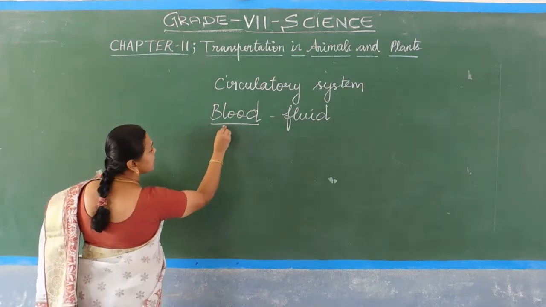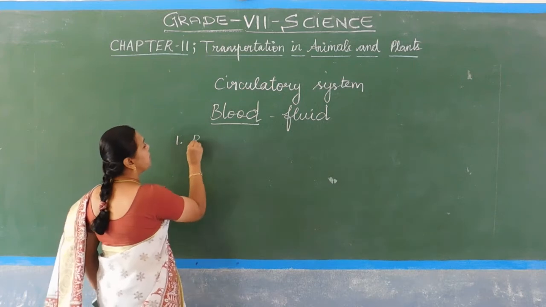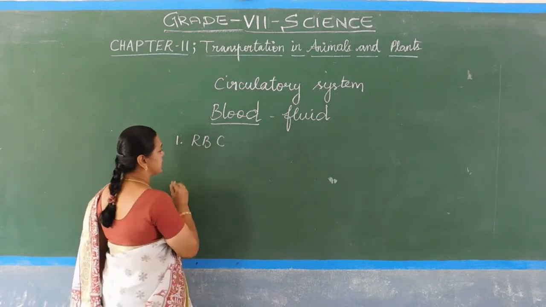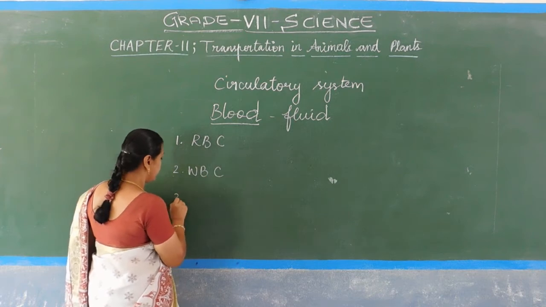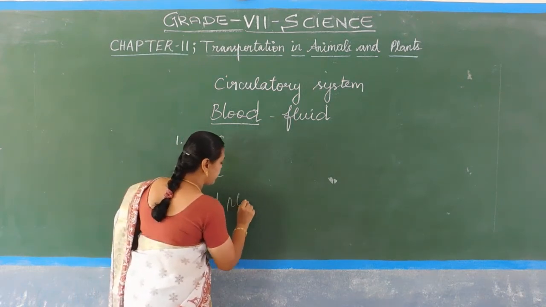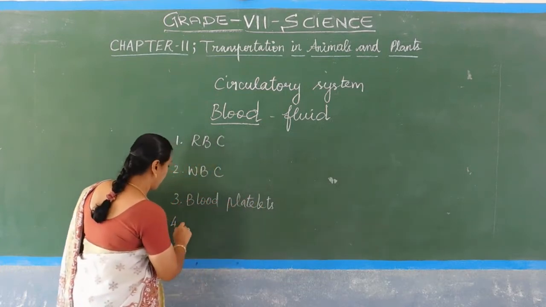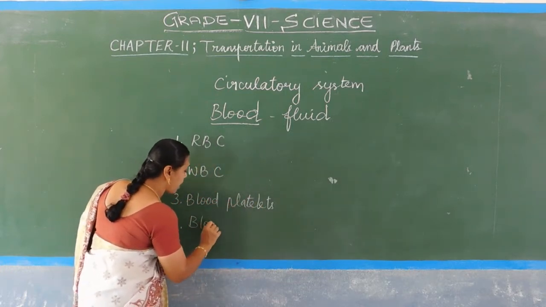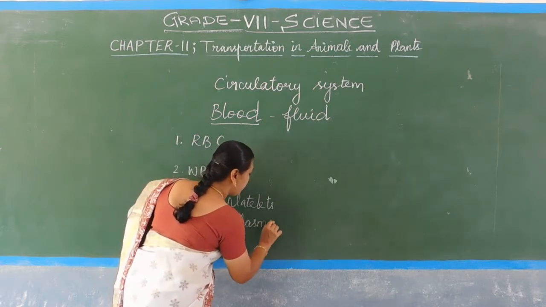So what are the types of cells present in the blood? First one is RBC, then WBC, third one blood platelets, then fourth one is the blood plasma.